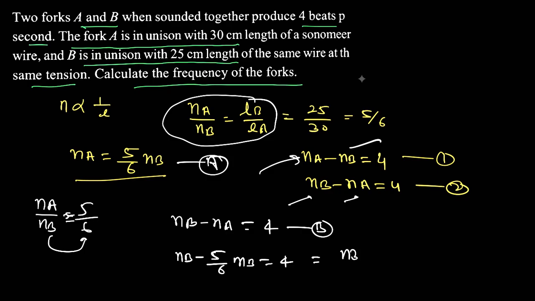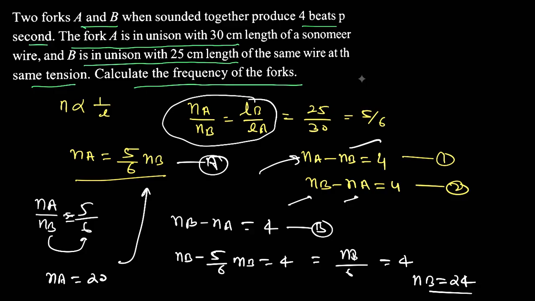Here NB divided by 6 should be equal to 4. It means NB is equal to 24. So if NB is equal to 24, NA should be equal to 20. I can substitute the value in this equation and I will get NA is equal to 20 Hertz. So the final answer: NA is 20 Hertz and NB is 24 Hertz.